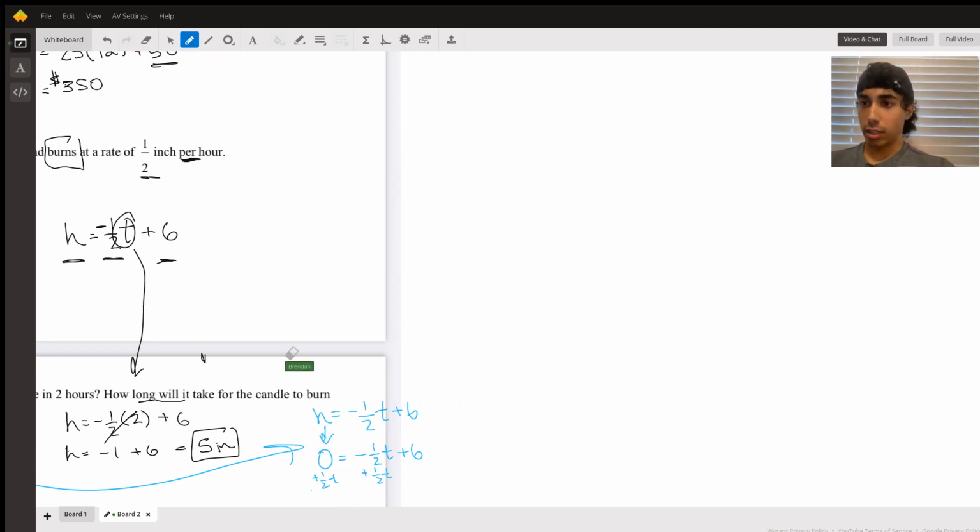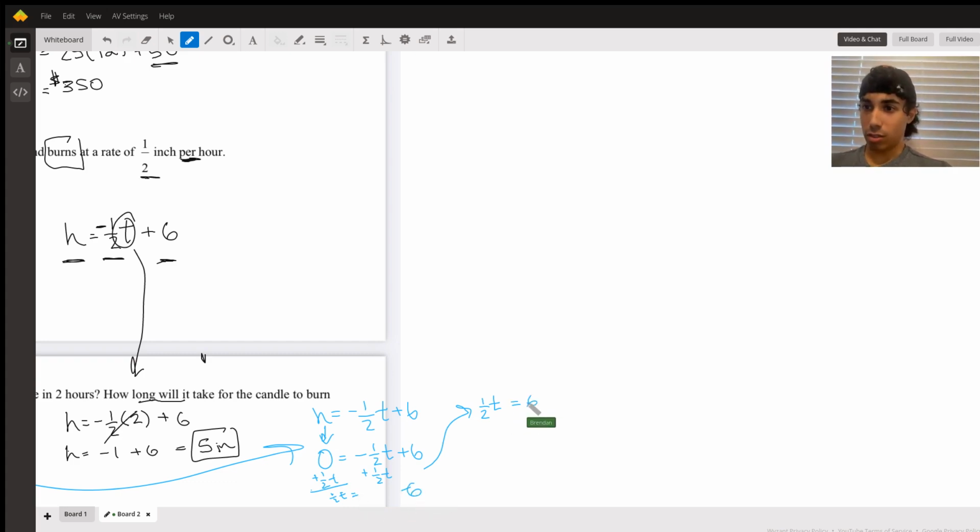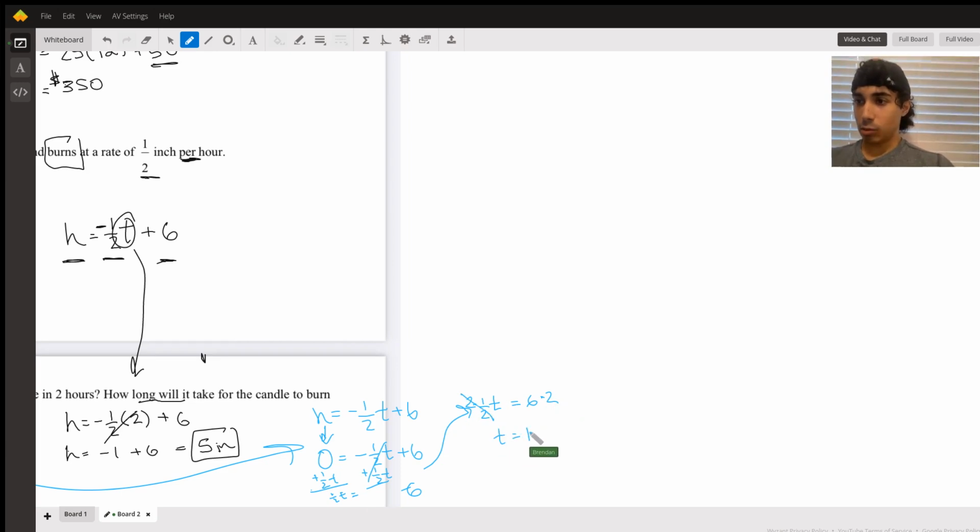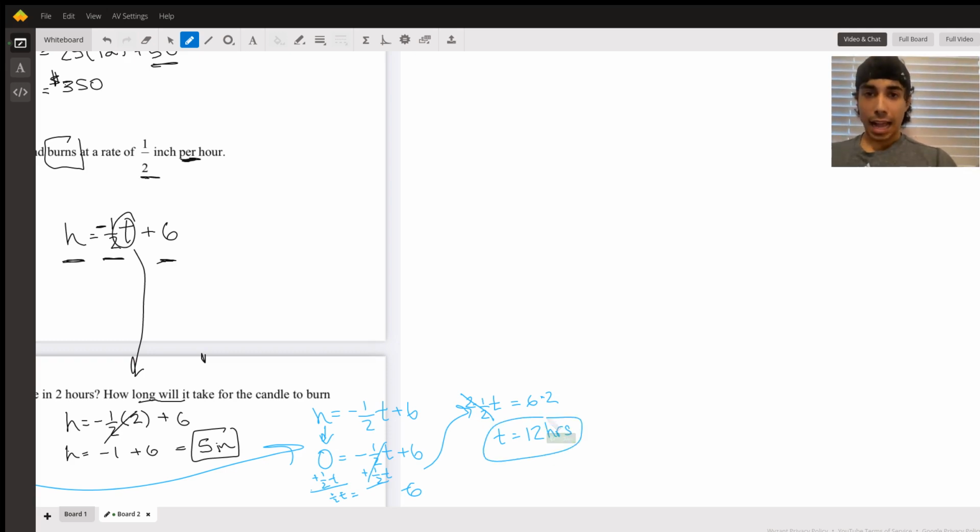Okay, so if I'm adding 1/2 t on my left, that's gonna give me 1/2 t, and then equals 6, because this cancels out. We got 1/2 t equals 6, and we're gonna multiply both sides by 2 to get rid of the 1/2. And that will give us t equals 12 hours. So that's telling us that after 12 hours, the candle will have burned away.